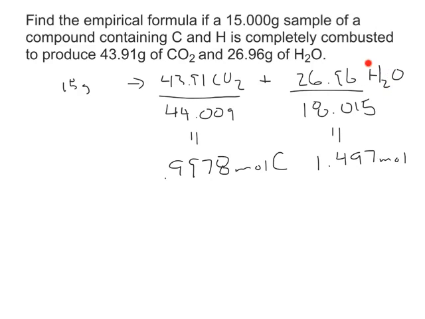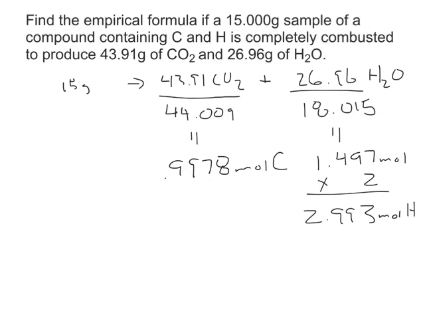My hydrogen, on the other hand, there are 2 hydrogens in every mole of water, so I'm going to multiply this by 2, and that tells me that I have 2.993 moles hydrogen.